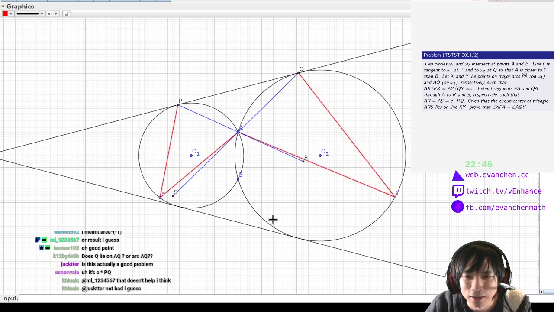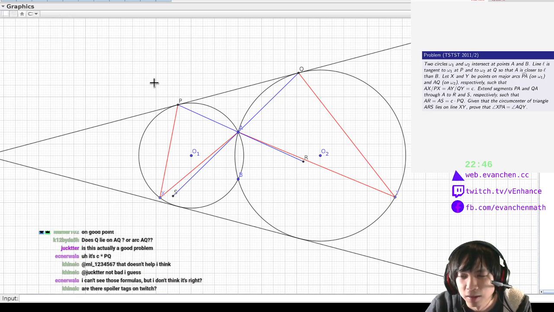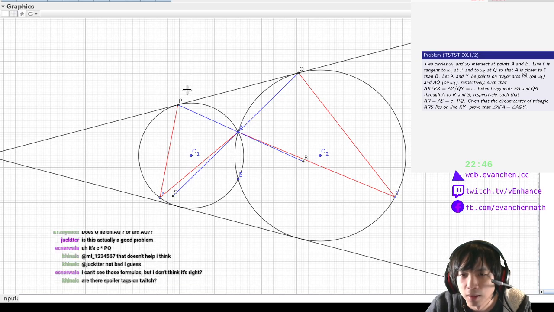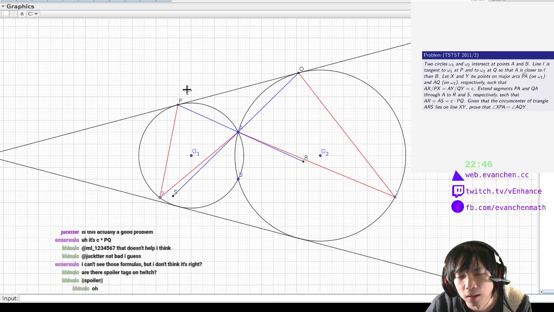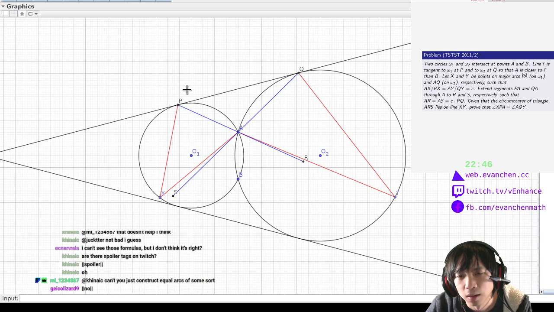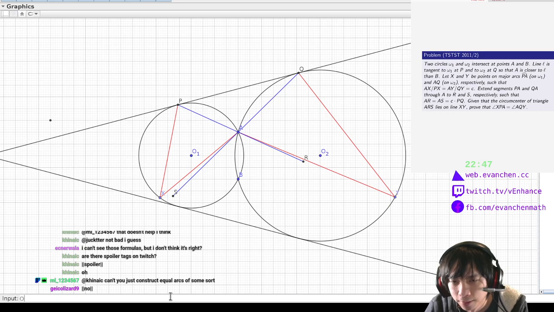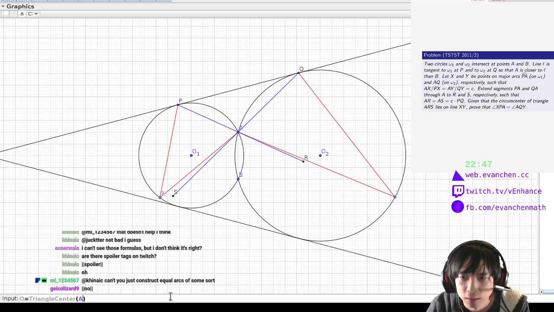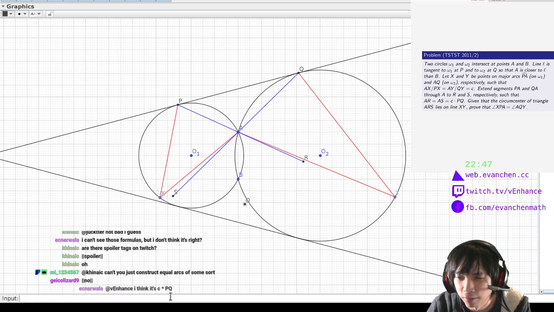What the heck is this condition? Okay, what the heck?